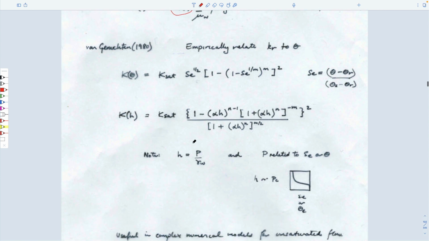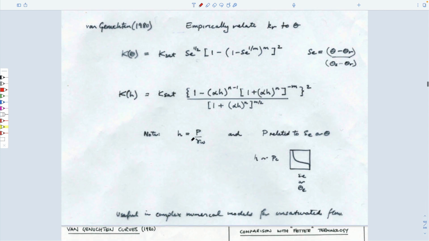And so one way that we can do that is also to use these same coefficients where we define a relative permeability. So in other words, in this case, this is a conductivity. This is the same as relative permeability.